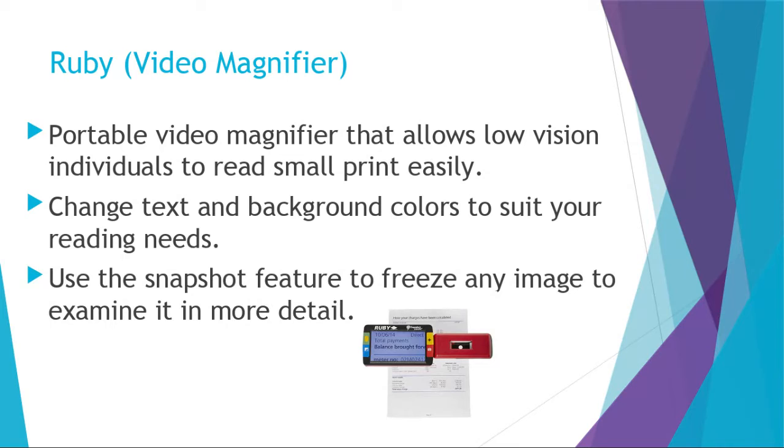They can change the text and background colors to suit their needs. It has contrast where you can change it to maybe a yellow background, a black background with white text. The neat thing about the Ruby, this particular device, is you can take a snapshot of something. So say you're in a classroom and you want to take a real quick snapshot of something that you see in the class, and you can magnify that once you take that picture.